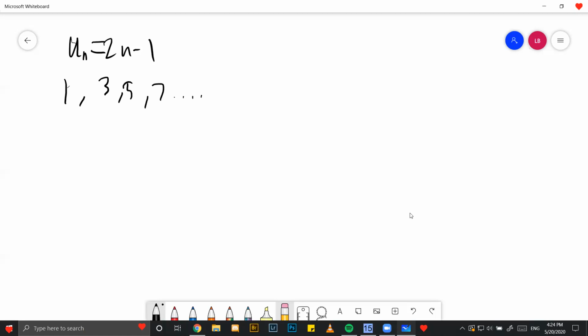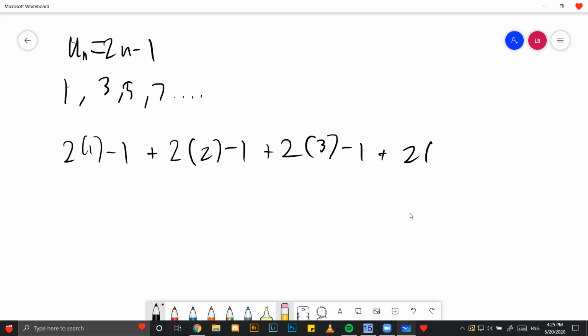Essentially, what I can do over here is, if I have 1, 3, 5, 7, I can add up 2 times 1 minus 1, then plus 2 times 2 minus 1, then plus 2 times 3 minus 1, plus 2 times 4 minus 1. So that's all of the terms laid out.